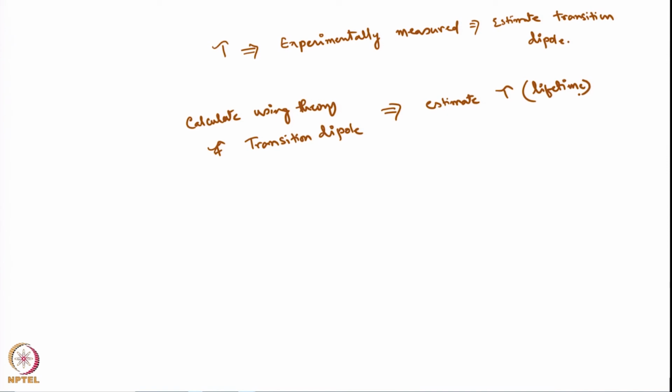So one can go back and forth. If you can measure one, then you can estimate the other, or if you can calculate the transition dipole, you can estimate tau, and one can go back and forth and see whether you have done it in a very consistent manner.